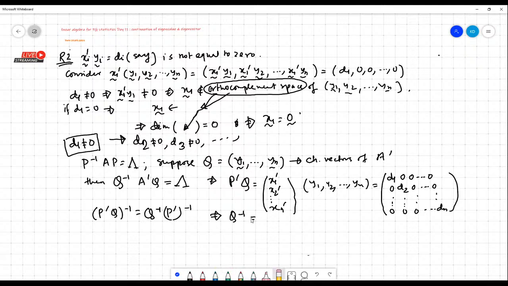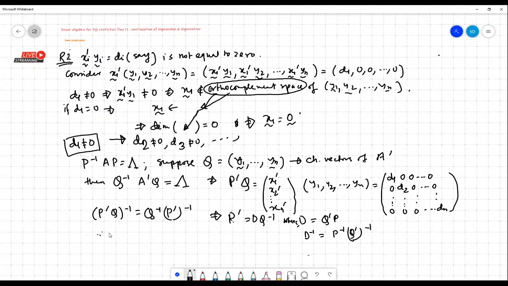You can write this P prime as D Q inverse, and D equals Q prime P, and D inverse is equal to P prime Q inverse whole prime.